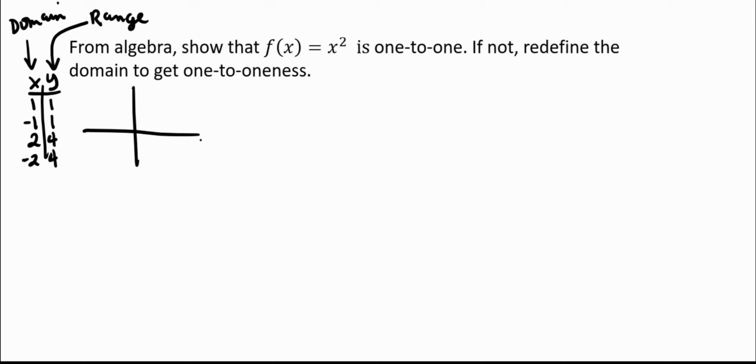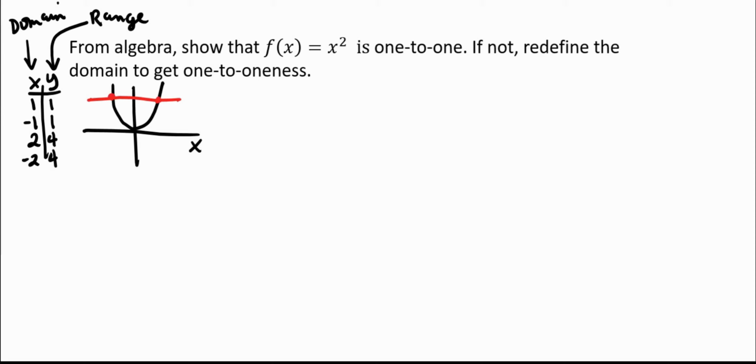If we look at the graph of this, so whether you do the points or you do the horizontal line test, the horizontal line crosses the graph at 2 points, supposed to only cross at 1 to satisfy the horizontal line test.